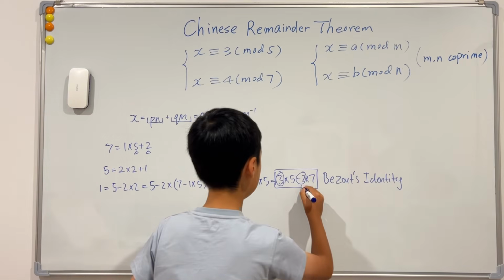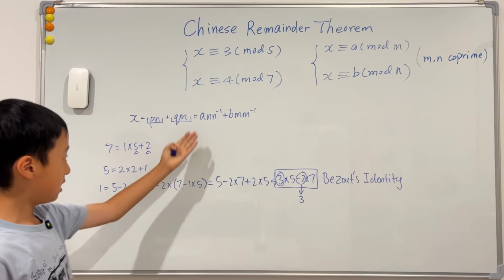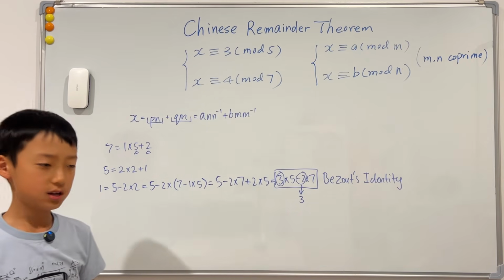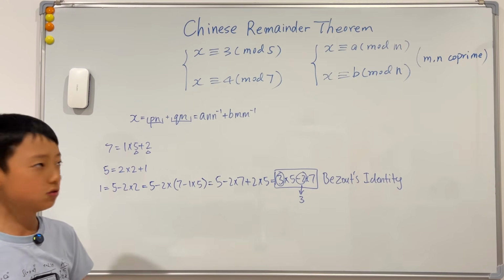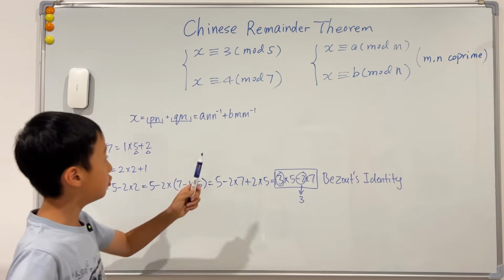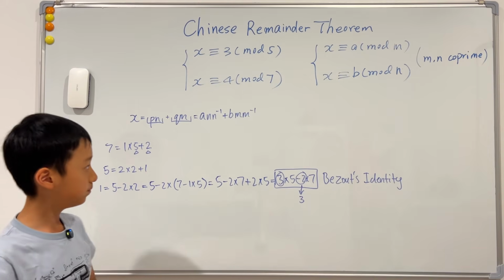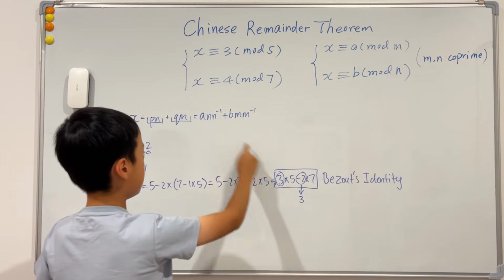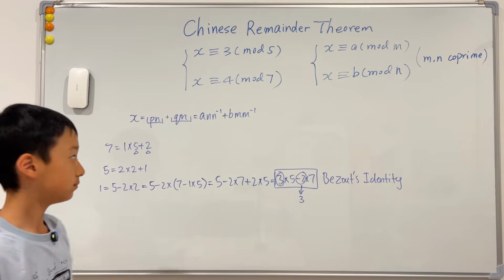So this can also be written as 3, but when I actually plug it into here, I will not use 3 because if we use negative 2, then we get the smallest possible solution to this equation using mod 5 times 7, which is 35. So now I will plug this into here, and then we can solve this question very easily.